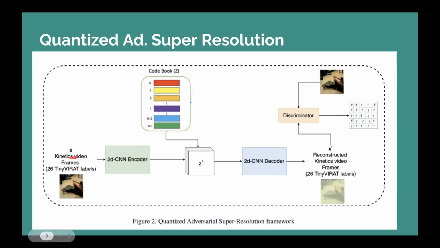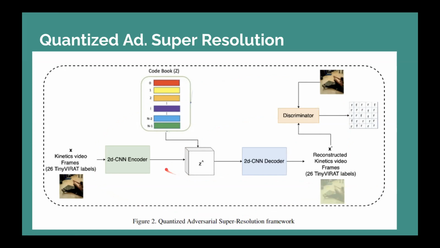We pass the frames through a 2D CNN encoder like ResNet 50, which maps the frames to a latent space, which is then quantized using the closest vectors from a fixed size codebook. This quantized feature representation is then passed to a 2D CNN decoder, which tries to reconstruct the original frame. And then we have a discriminator, which tries to tell the original frame from the reconstructed frame apart.